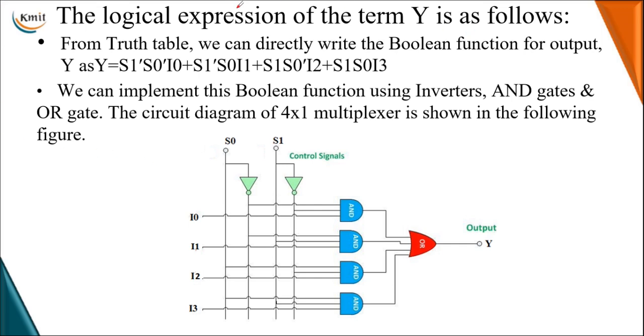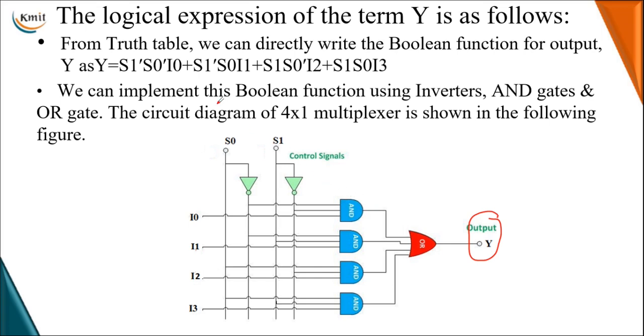Now using that Boolean expression of Y, let me draw the logical diagram. This resembles an SOP expression, so we add the product terms using an OR gate. The output of the OR gate is considered as Y, and the inputs of this OR gate come from the outputs of the AND gates.